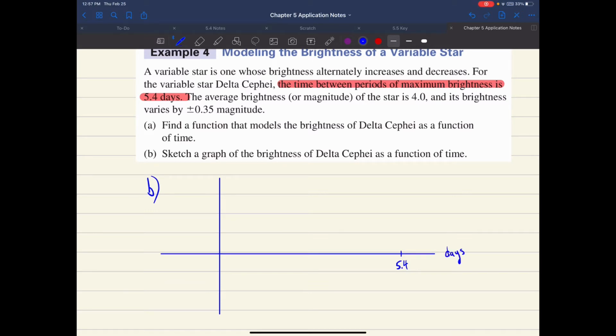And then the average brightness, anytime you see that, it's always going to be your vertical shift. So your vertical value is going to be where the function goes above and below. So that would be your average, and so that's at 4. So I'm going to go to the scale here and put a 4, and I already know that's the midline because that's my average value for a trig function.